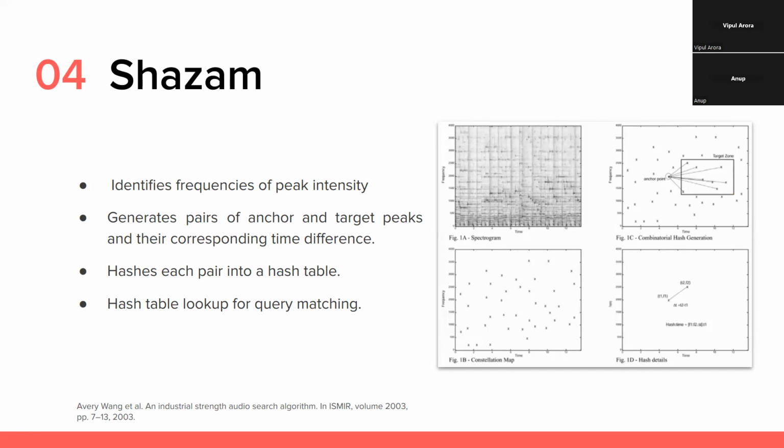To add some more robustness to these fingerprints, they first generate these peaks, and for a particular peak, they define a target zone. Within that target zone, there will again be a lot of peaks, and then they create pairs of the anchor and the target peaks.